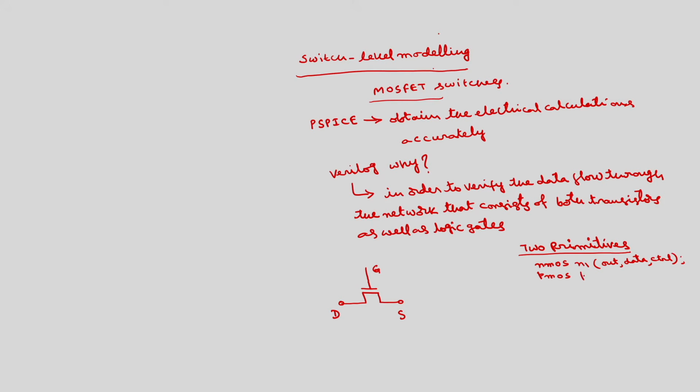Similarly for PMOS, P1, out, data, control. Here the gate will act as the control signal, CTRL, drain will act as data, and source will act as output.